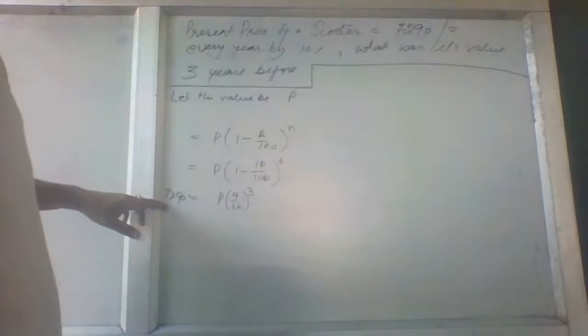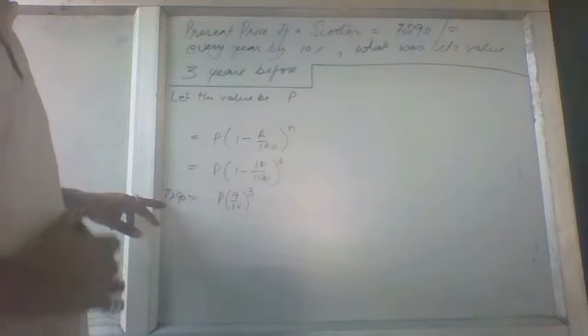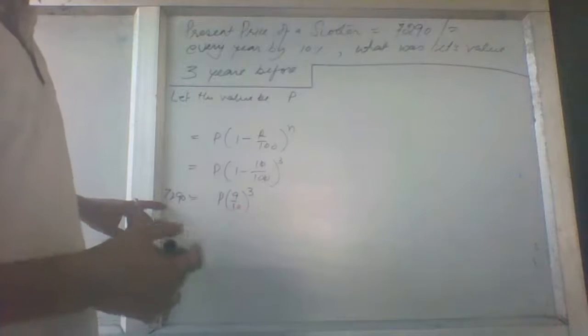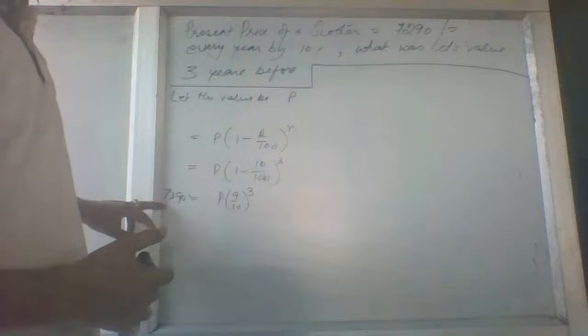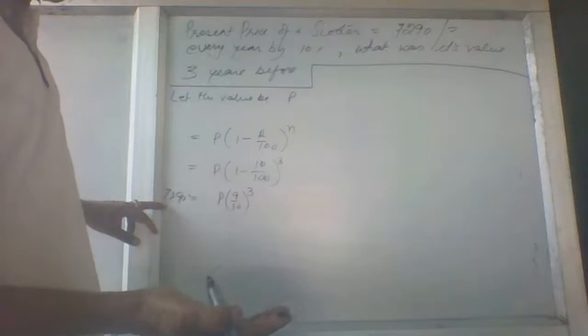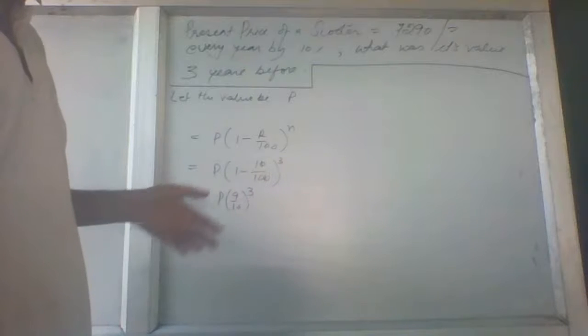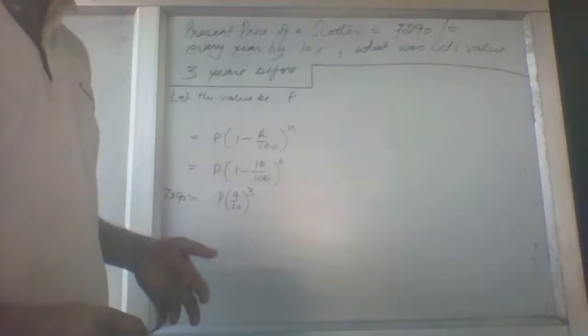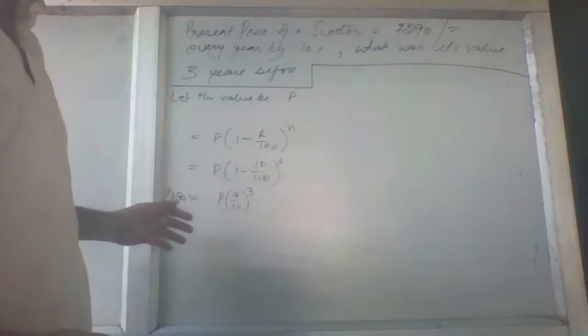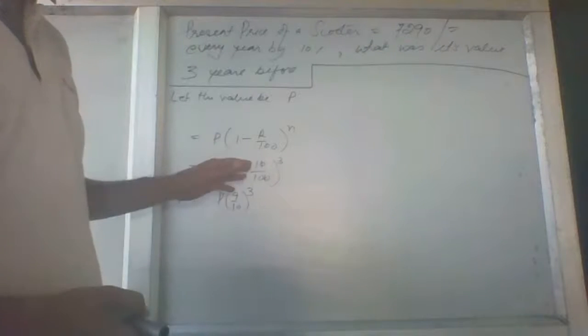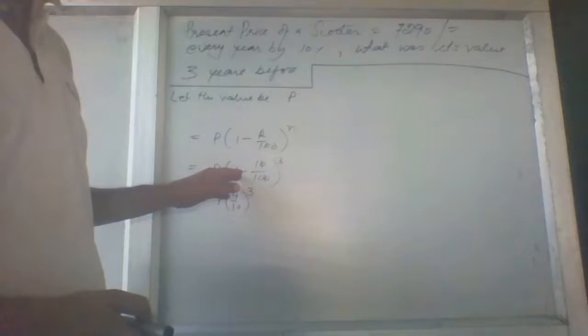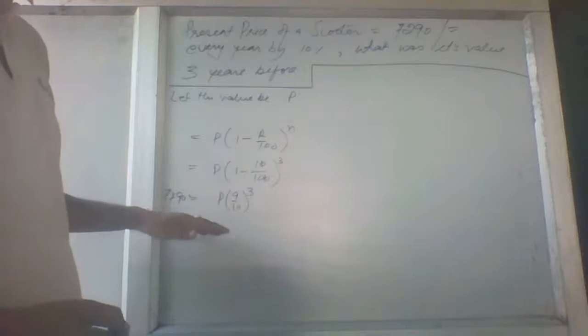The present price is the amount, the final amount someone is going to give me in exchange for buying my scooter. So this is the final amount I am going to receive after 3 years of the purchase. As the value is depreciating, I have used the minus sign over here.